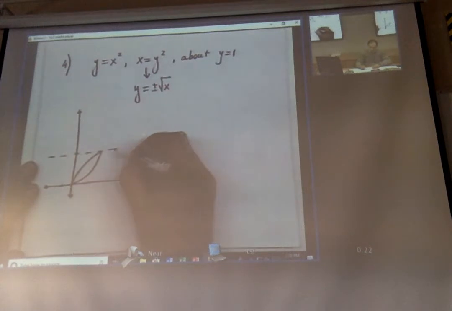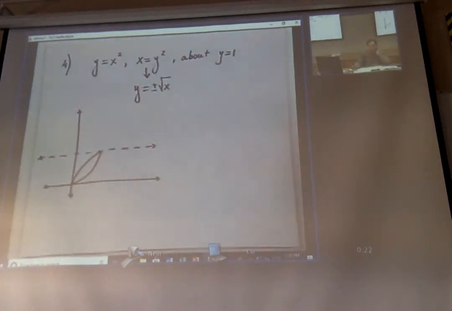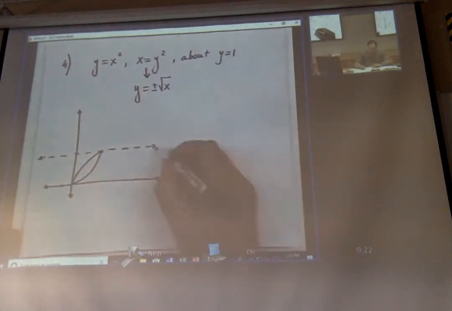Now please make sure you have the right line, because I see at least 2 students every semester. For example, it says y equals 1, but on the graph they put x equals 1. So make sure you know if it's the horizontal or the vertical line. So don't change this because that will be completely wrong. So here's the rotation that we have.